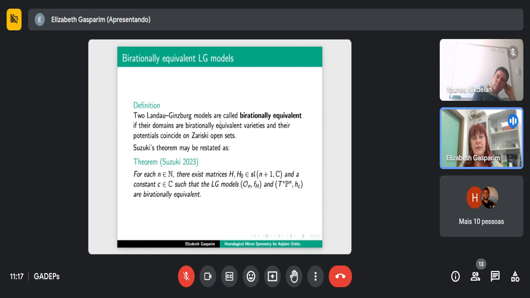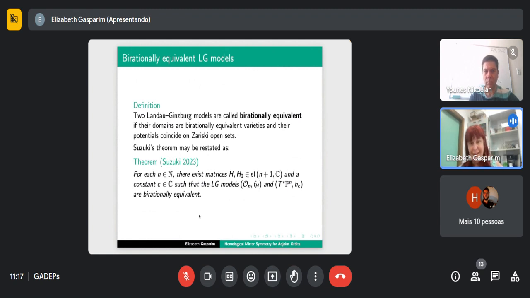And in the sense we say, the two spaces are birationally equivalent varieties, and the potentials agree on Zariski open sets, so that comparison can then be restated as the Lie potential and the toric potential on those two spaces giving rise to birationally equivalent Landau-Ginzburg models.